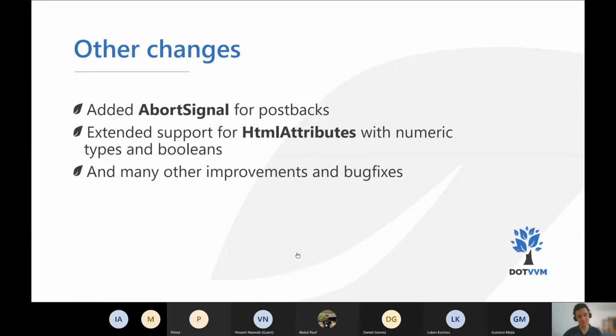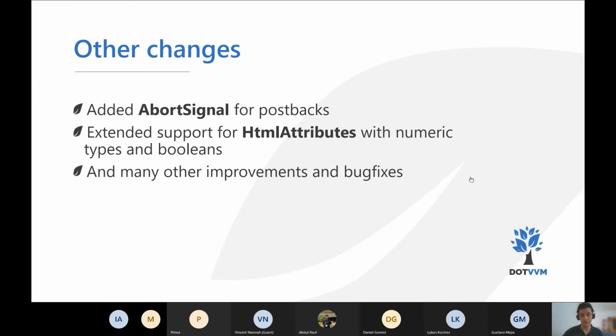So previously it supported only strings and collections of strings, but now we extended this support, which can be quite helpful if you want to use server rendering, as this is where this can greatly help you.